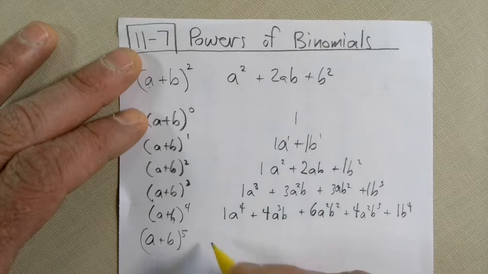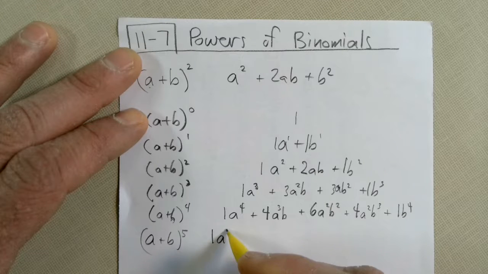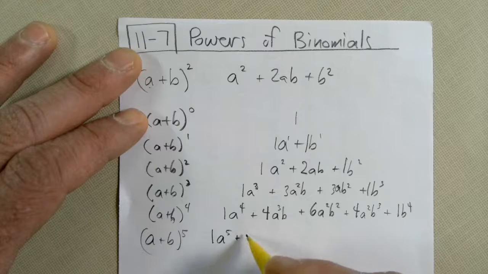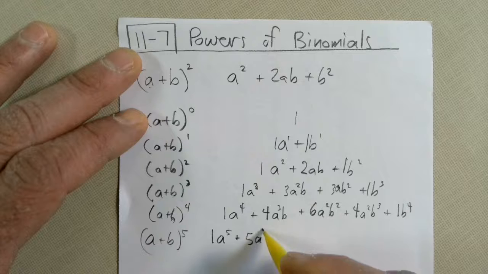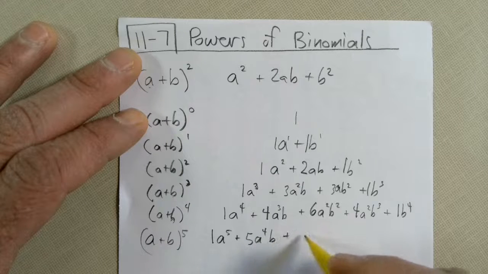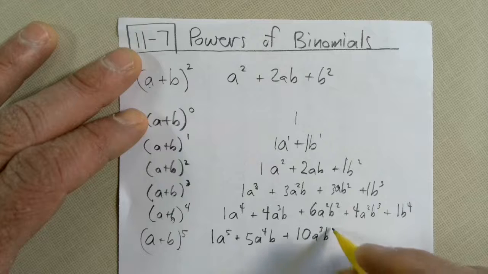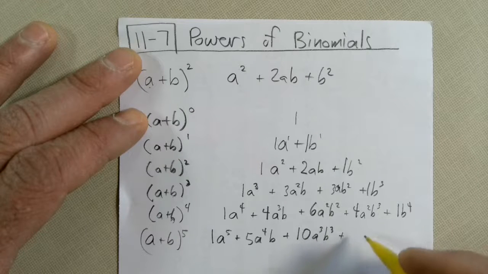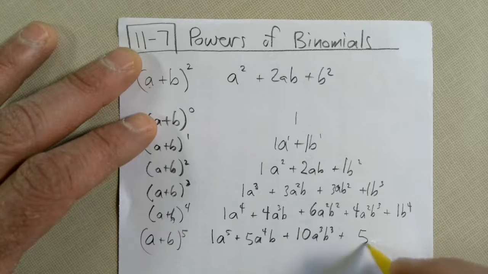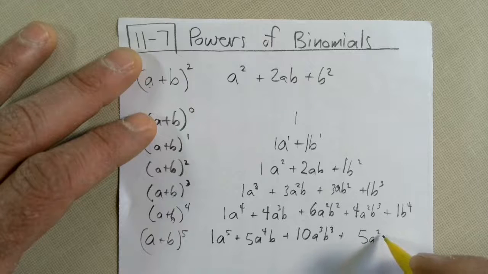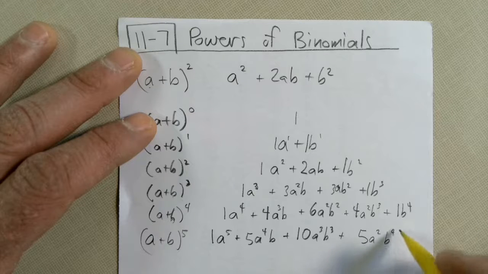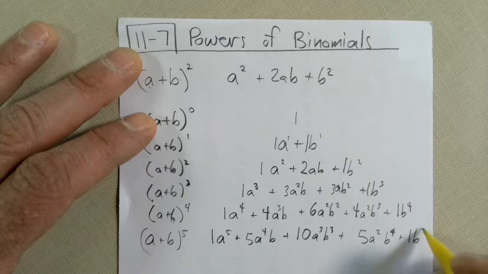Last one for now. 1a to the 5th plus 5a to the 4th b plus 10a cubed b squared plus 10a squared b cubed plus 5a b to the 4th plus 1b to the 5th.